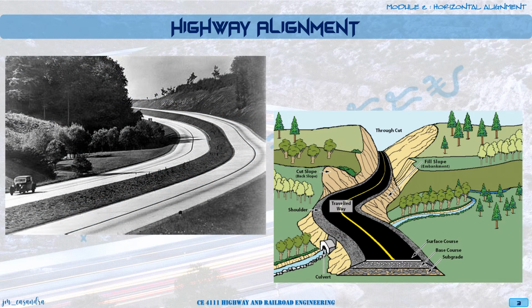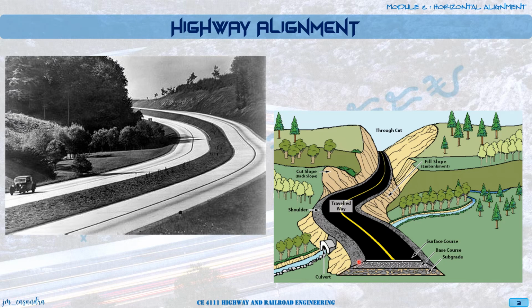So for highway alignment, this is now a three-dimensional case or measure of our highways. So when we put it together, we'll have now our horizontal and our vertical alignment plus the cross section of our road.